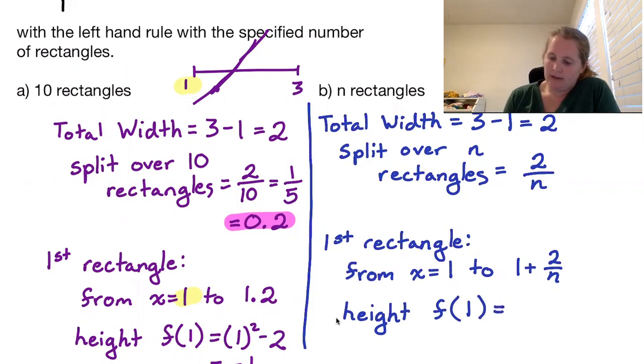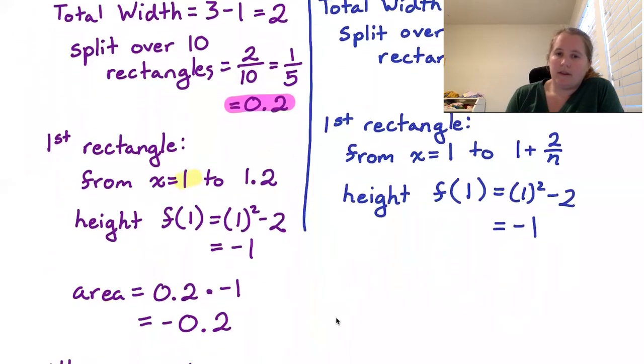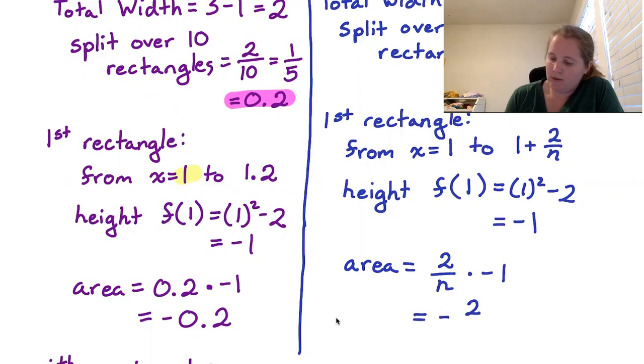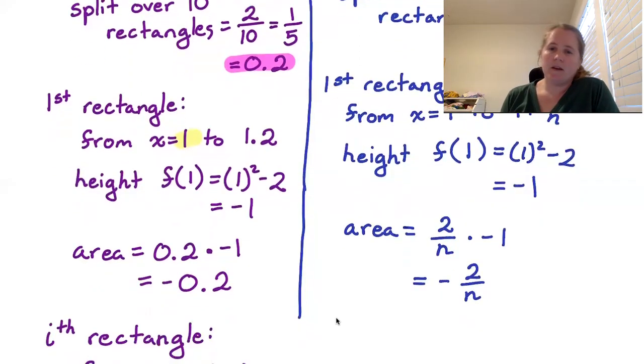So again, it's just 1 squared minus 2, or negative 1. And then our area would be our width of 2 over n times our height of negative 1, and we get negative 2 over n. So that's our first rectangle.